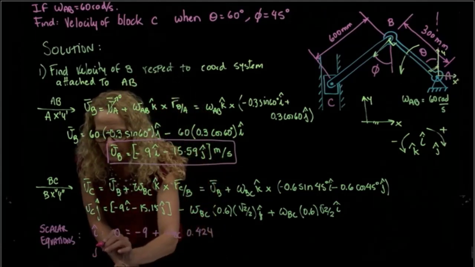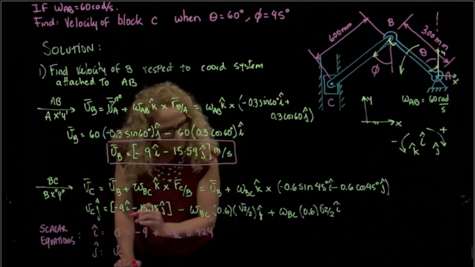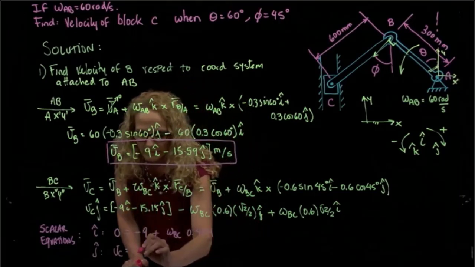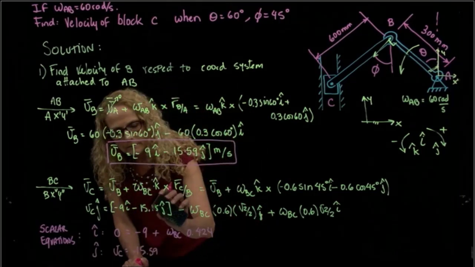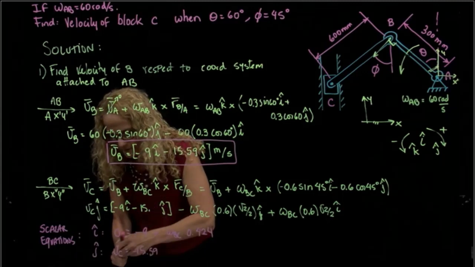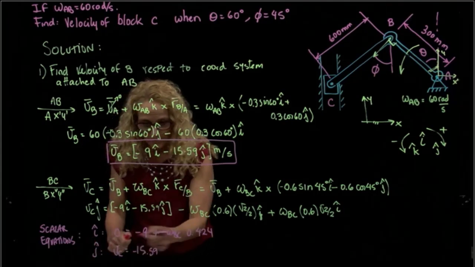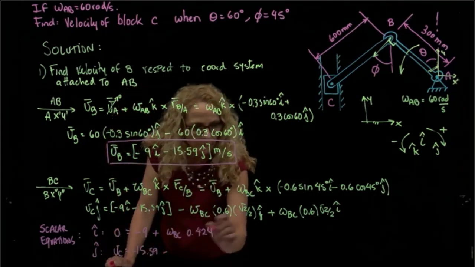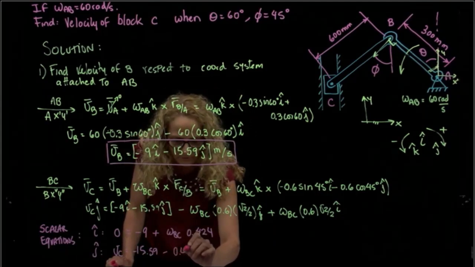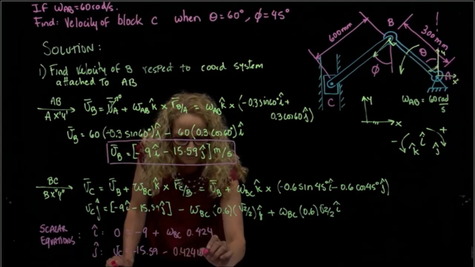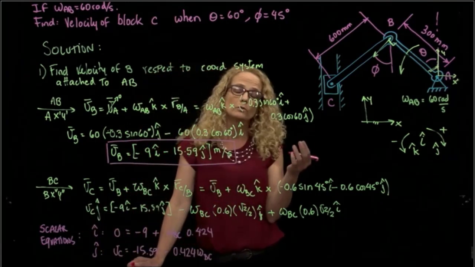And in J, we have velocity of C equals negative 15.59, and that number right here, 0.424 times omega BC. That gives me a system of two equations with two unknowns.